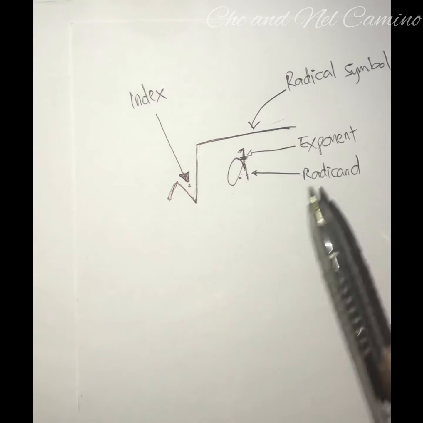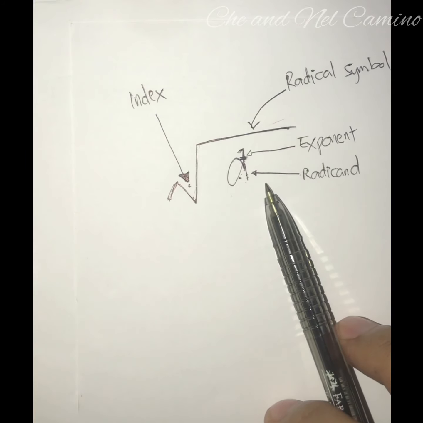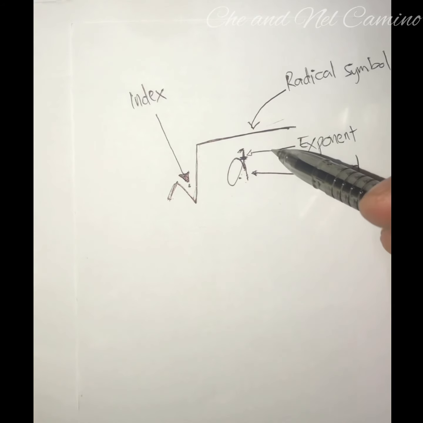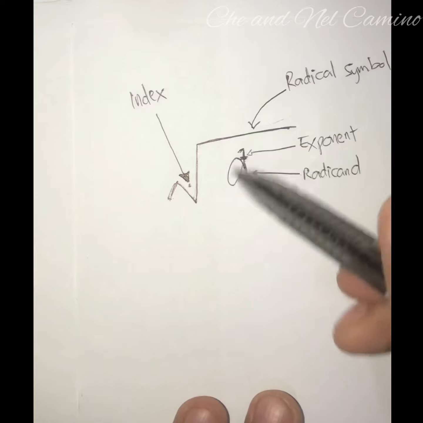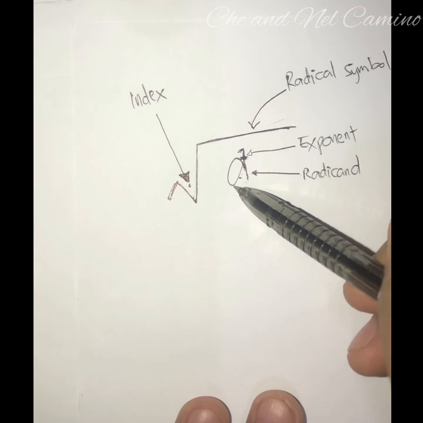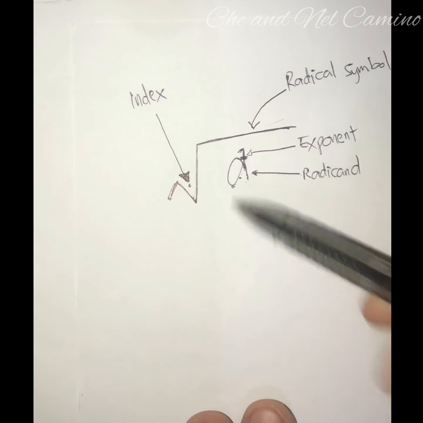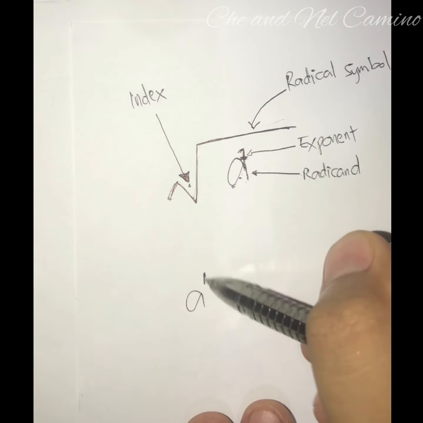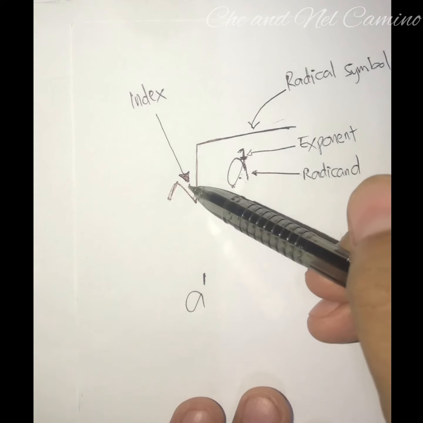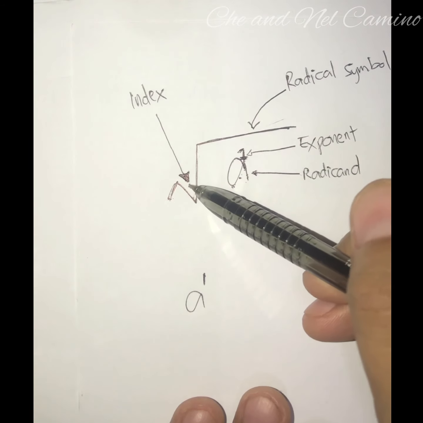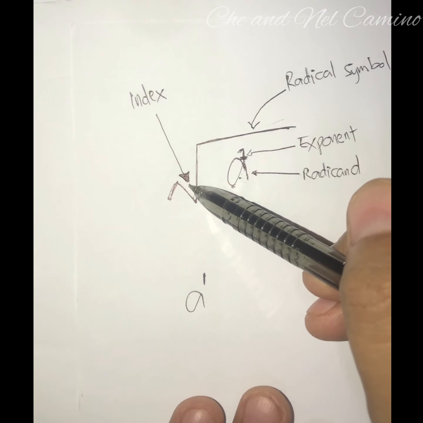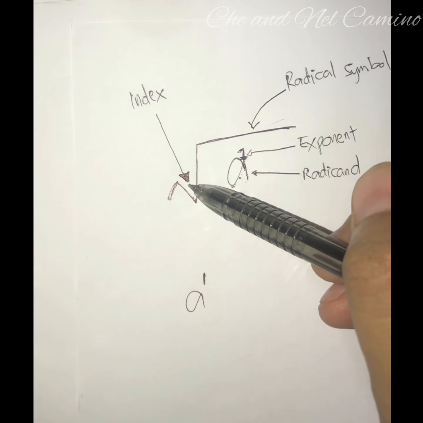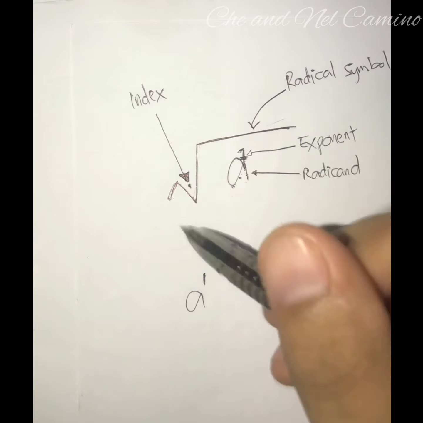So let's try to transform this radical expression to exponential expression. So let's begin with picking out our radicand. So we have A, copy the exponent, and then since you cannot see any number here, that is understood that we have an invisible number of 2 as our index.